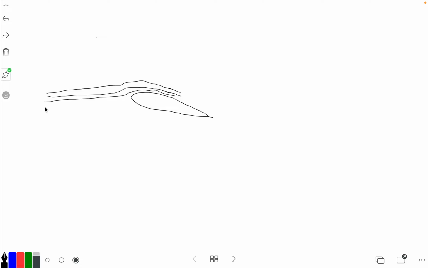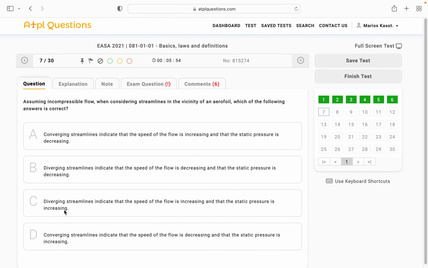So right here, static pressure goes down and Q goes up at this point. So the correct answer is converging streamlines indicate that the speed of the flow is increasing and the static pressure is decreasing.